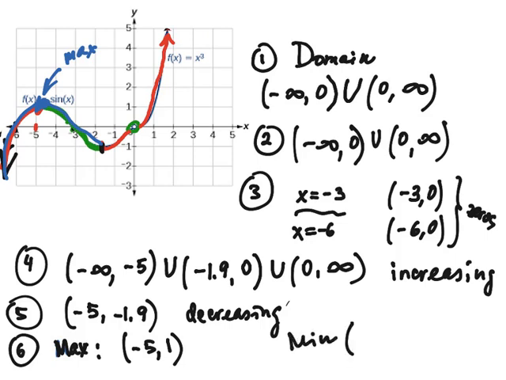Minimum point would be right there. So x comes first, so it's -1.9, comma, and y looks like it's -1. And that's it. I can't really even think about that point right there because it doesn't really exist. The function is undefined.